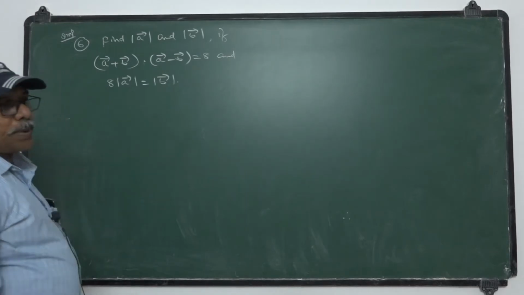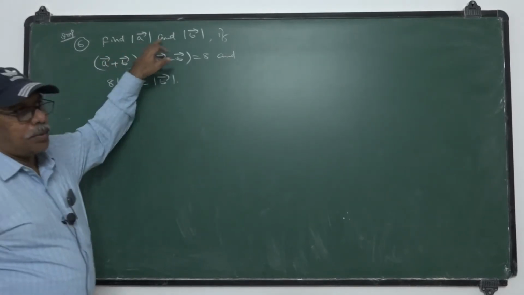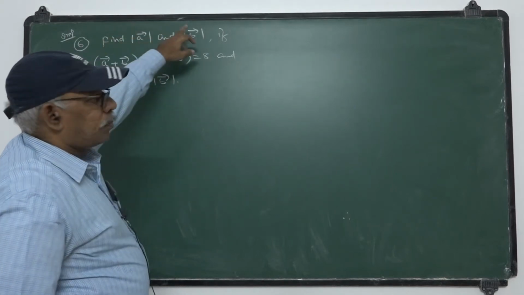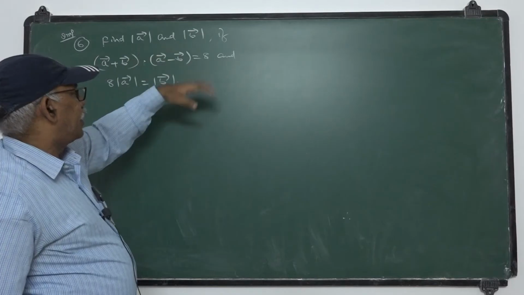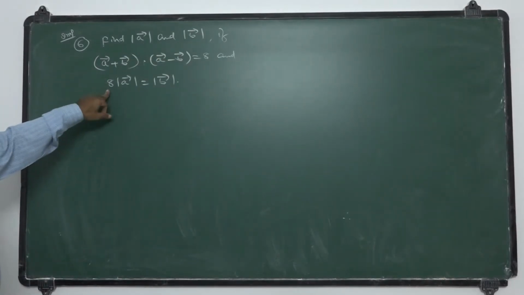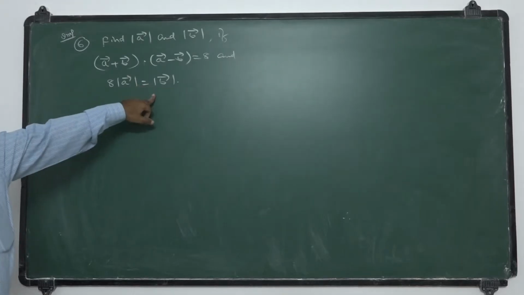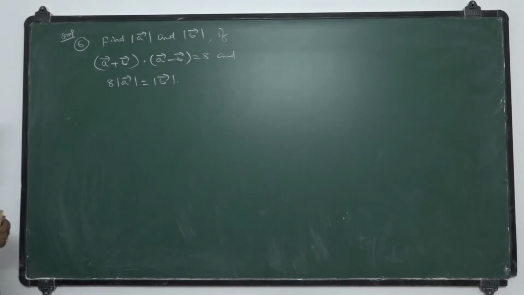You have to find the magnitudes of A bar and B bar, such that the dot product of A bar plus B bar and A bar minus B bar is 8, and 8 times magnitude of A bar equals magnitude of B bar. That is our question.